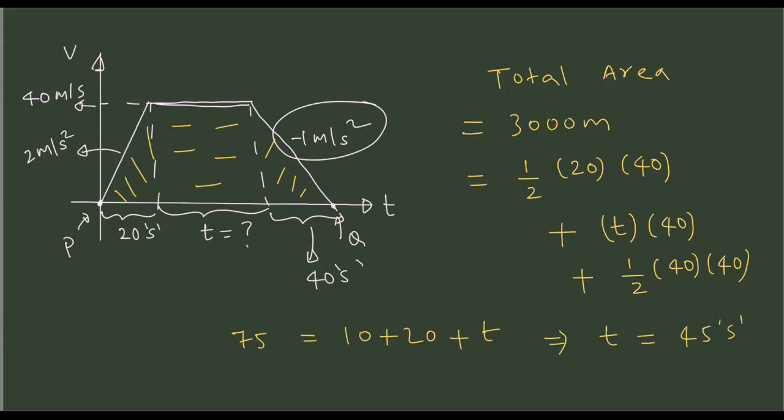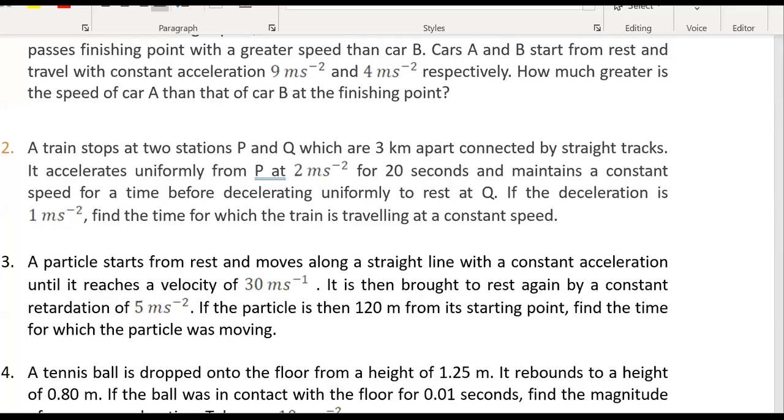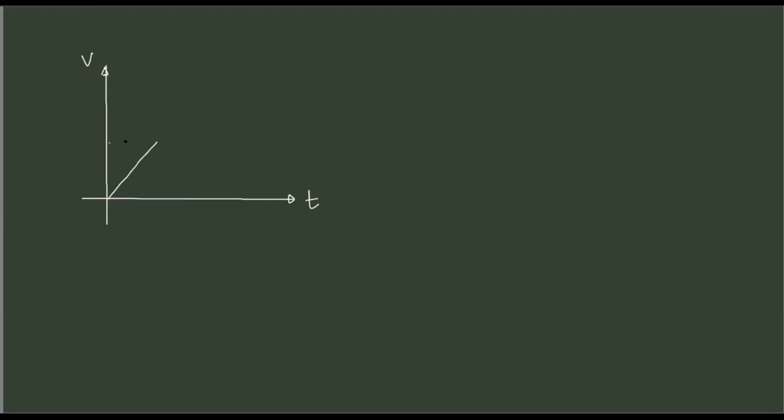Okay, so are you guys okay so far? Yes. Think about it again. Till 30, so this is 30 meter per second. So I'll say the velocity is in meter per second and the time is in seconds.